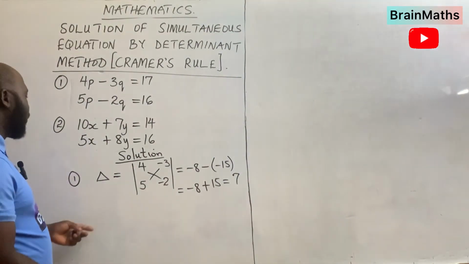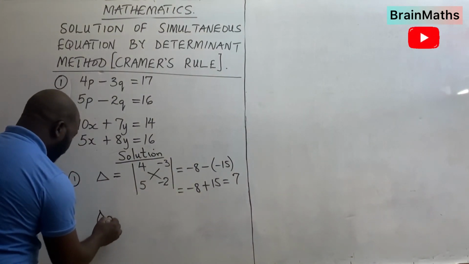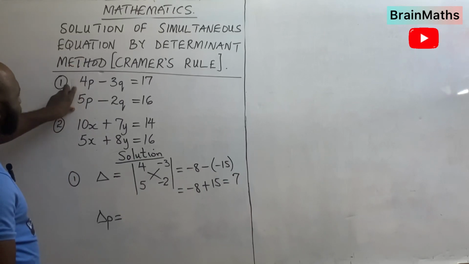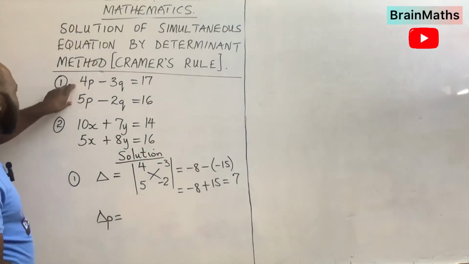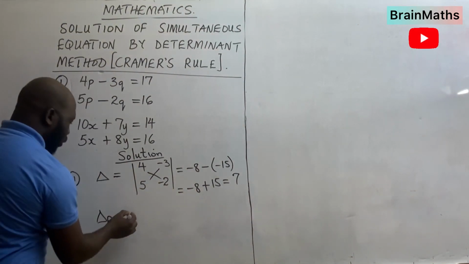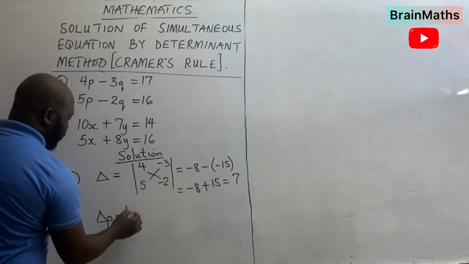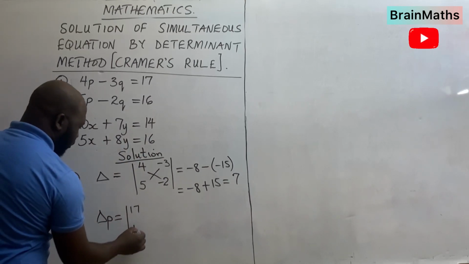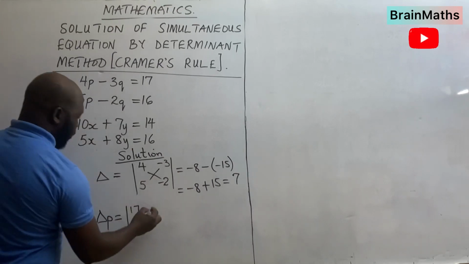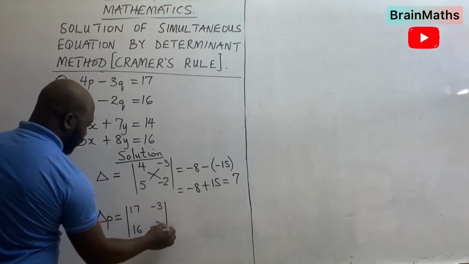The next thing is to find the determinant of P. To get the determinant of P, you are going to eliminate all the values of P. You will not write any of these values. Instead of them, you will bring in the constants to their place. So you are going to be having the constants in place of P. We have 17, 16, then we are still left with minus 3 and minus 2.